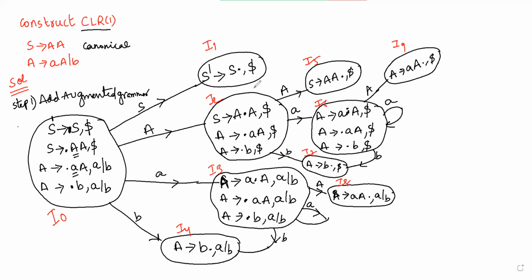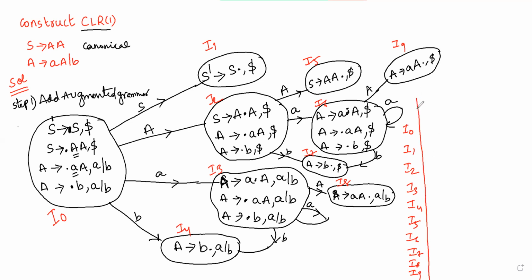So the values here are I0, then I1, then I2, then I3, then I4, then I5, I6, I7, I8, then I9. These are called whatever numbering is given to the productions we have till now, I0 to I9.